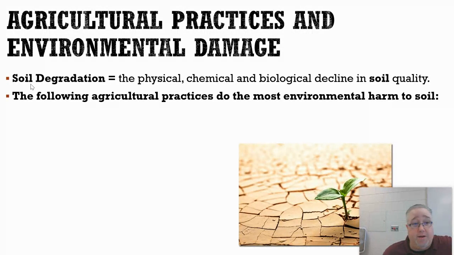This term, soil degradation, basically refers to ruining the soil, causing the quality of the soil to degrade and decline over time. And that happens with overuse as well as some specific agricultural practices that we apply.